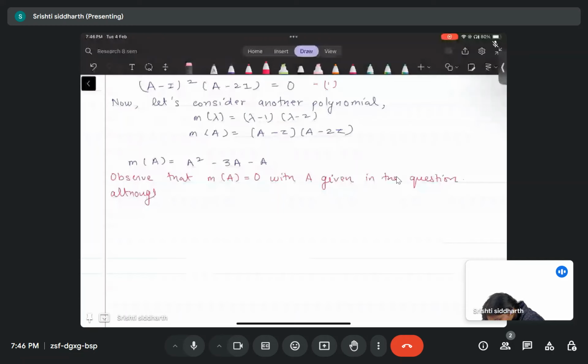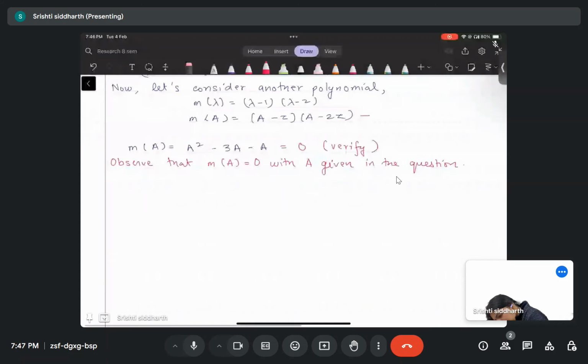So this is 0. So observe that the value of the minimal polynomial at A is 0, even though m of A is not the characteristic polynomial.